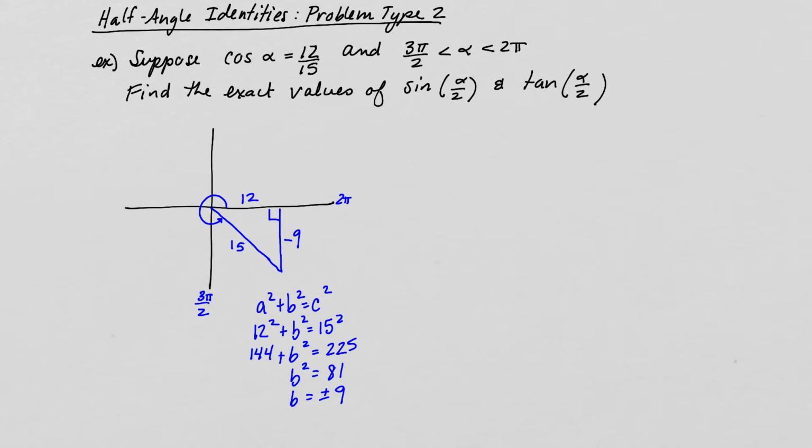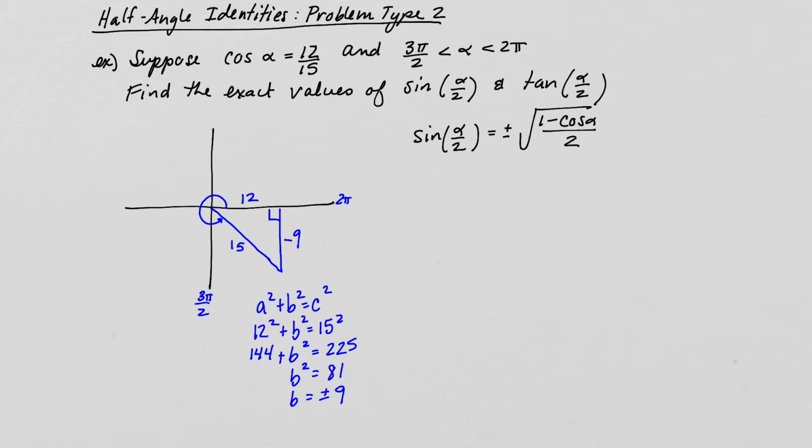The next thing that I want to do is figure out what we're going to find. So this first one, the sine of alpha over 2. Remember, the half-angle identity for the sine of alpha over 2 is plus or minus the square root of 1 minus the cosine of alpha all over 2. In this case, our original angle was between 3 pi over 2 and 2 pi.